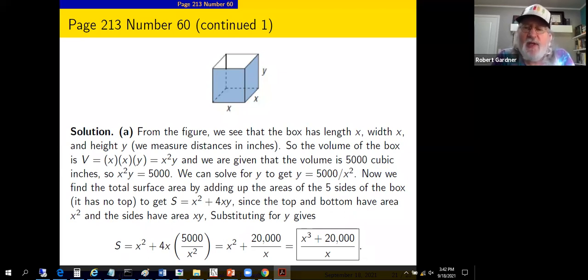And we get the surface area as x cubed plus 20,000 divided by x. So they wanted surface area as a function of x. There it is. It's expressed in square inches, which is not immediately clear, but we're measuring distances in inches and volumes in cubic inches. So areas are in square inches.